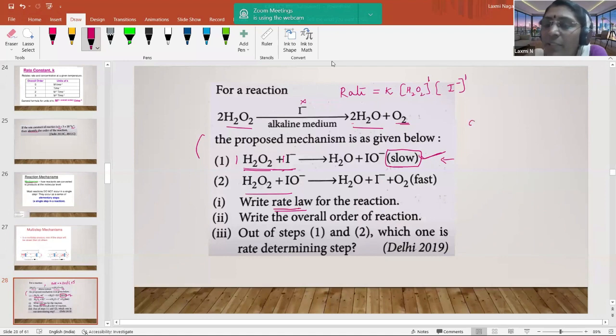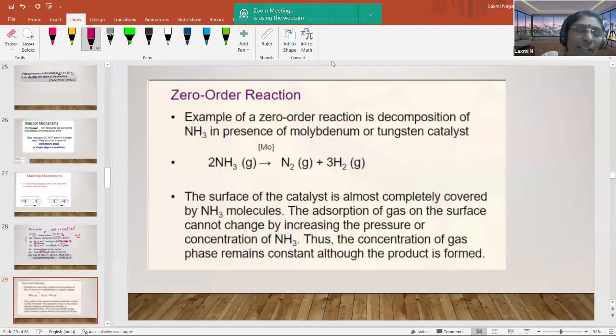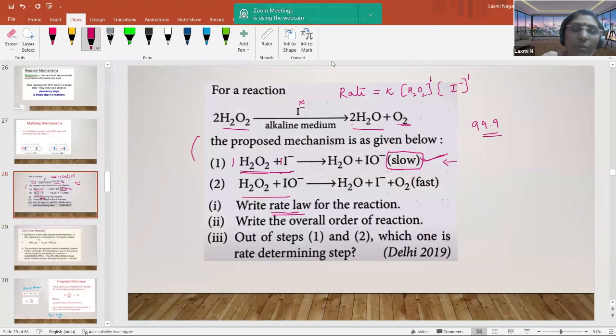I would always put that 99.9% because they need to understand that for a zero order reaction also, there would be a slow step. And we all know that molecularity of any reaction cannot be zero.